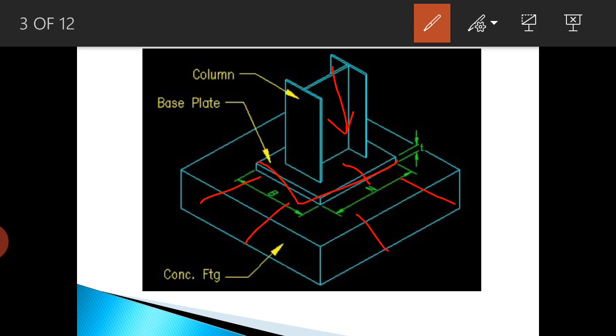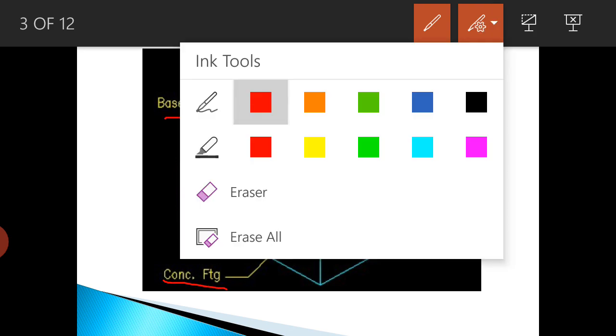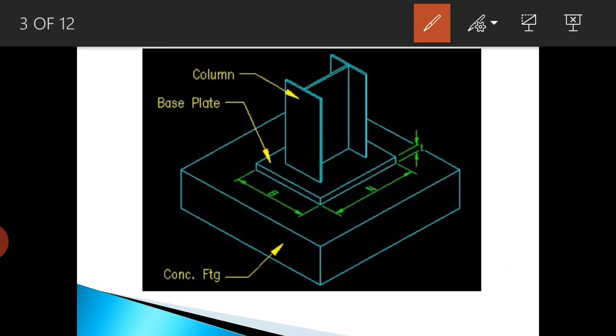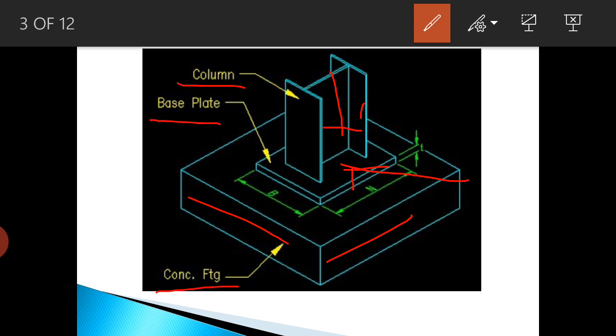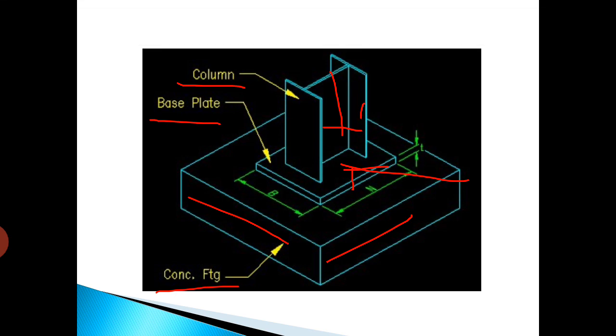You can see this is a concrete footing, this is a base plate, and this is a column. You can easily transfer the load through this column to the concrete pedestal safely by using this base plate, and that load is transferred safely to the soil.